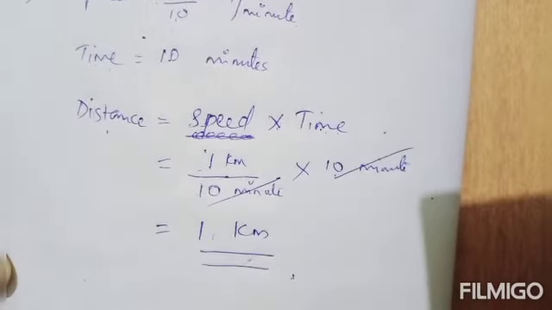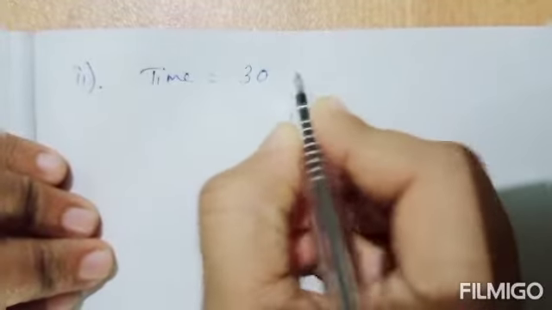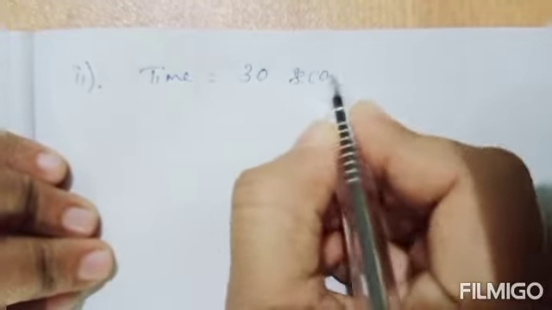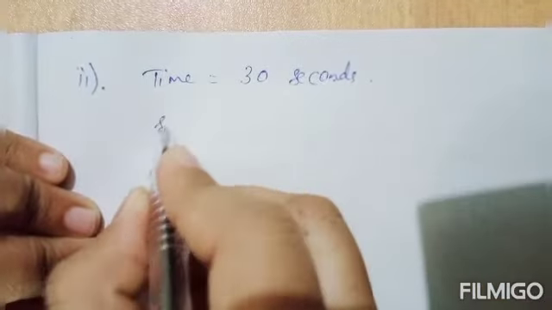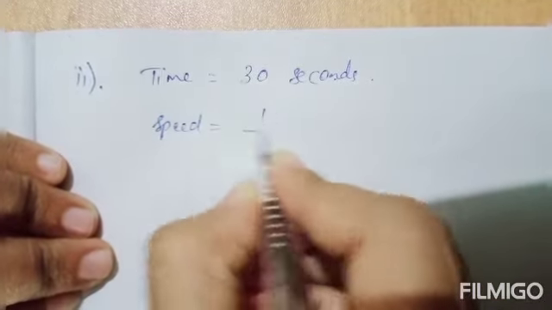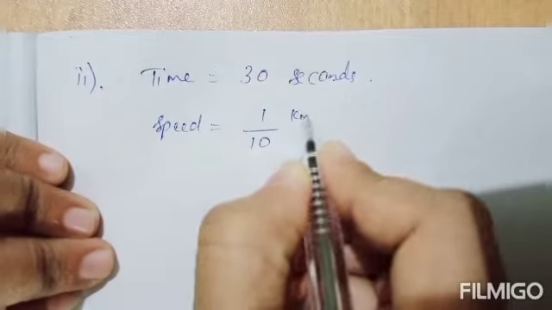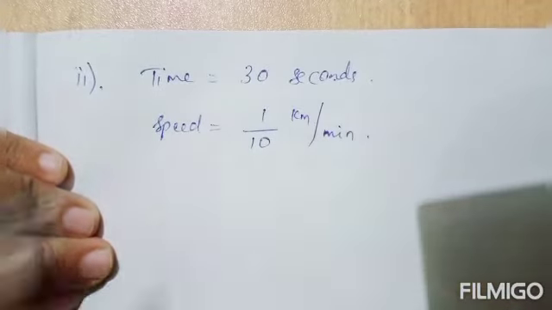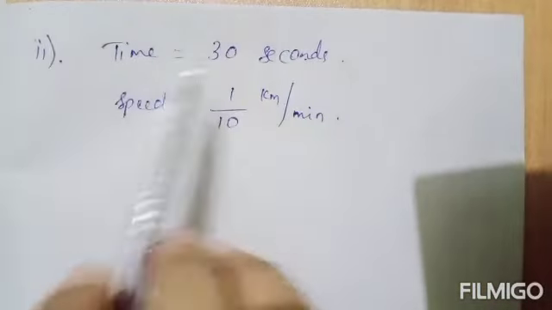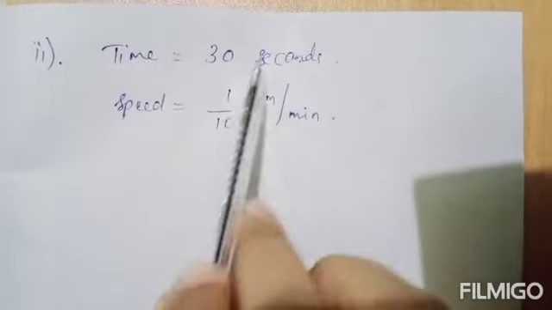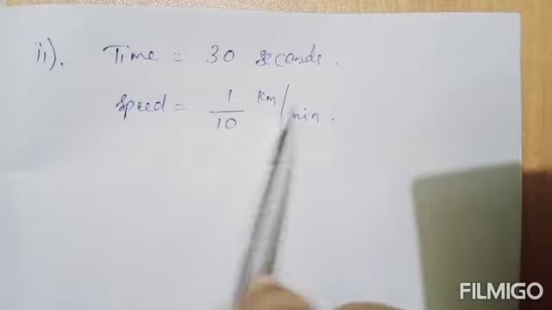Now in the second one, how far does he go in 30 seconds? So time we can take here as 30 seconds. Speed we have already found: it is 1 by 10 kilometer per minute. So here you can see time is in seconds, speed is in kilometer per minute.